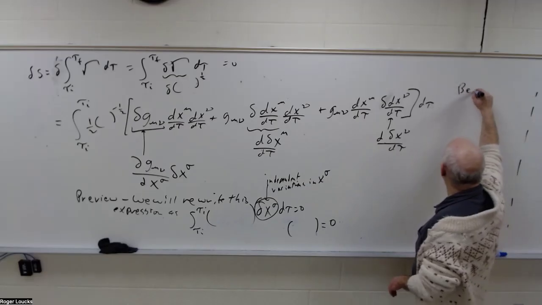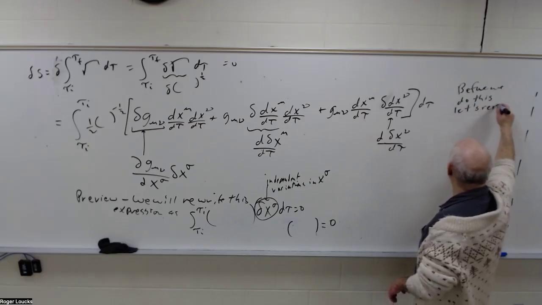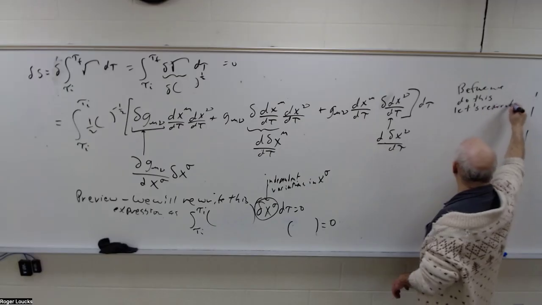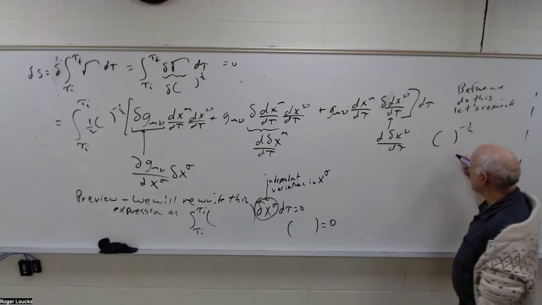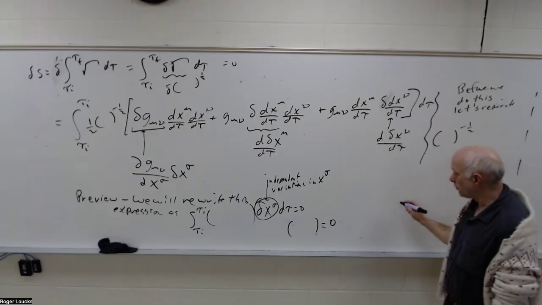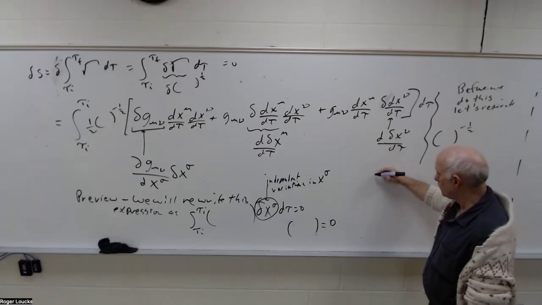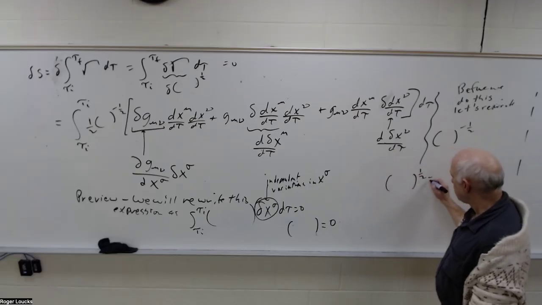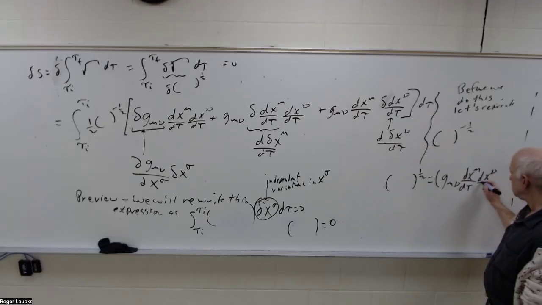So before we do this, let's rewrite this one. What do we know about this term right here? That term to the 1/2 power is really G mu nu dx mu d tau dx nu d tau.